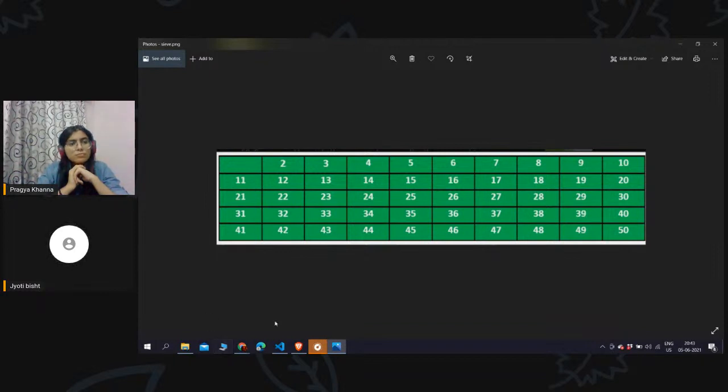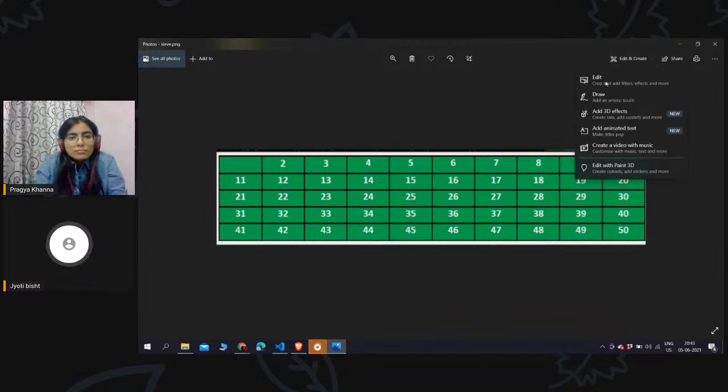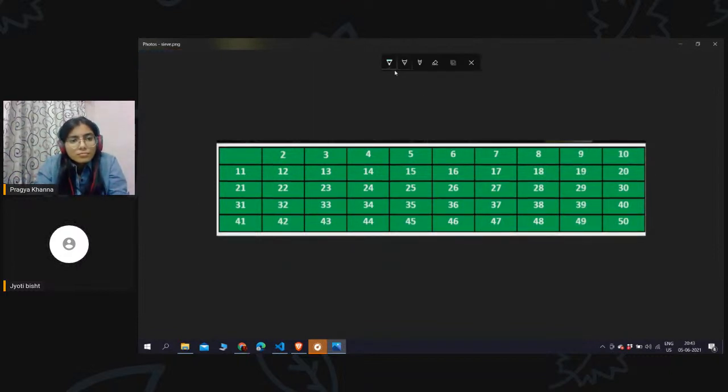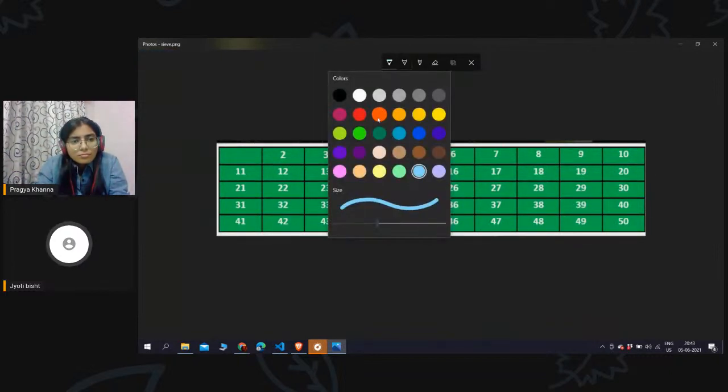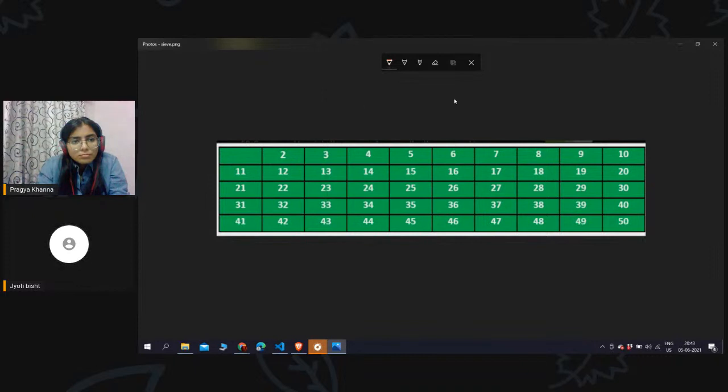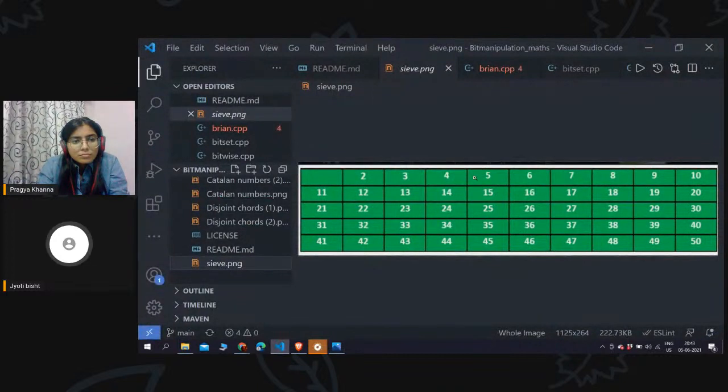For example, if I have a number n is equal to 10, I want to find all the elements less than 10 that are prime numbers. Can you tell me how many prime numbers are there less than 10?